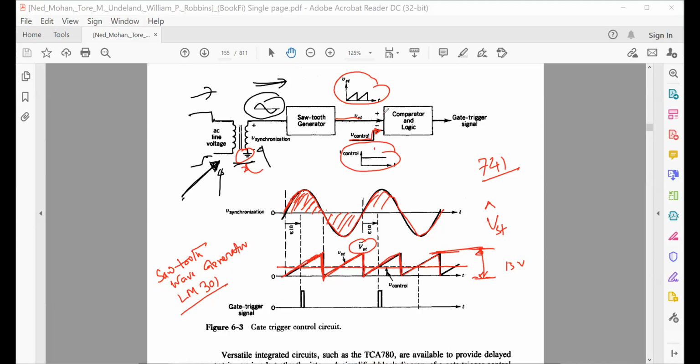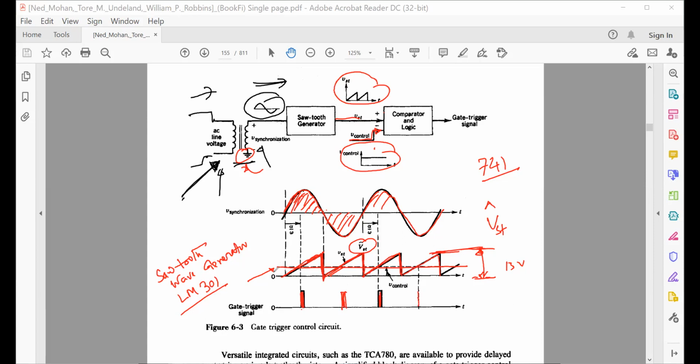The chips are also available. If you compare this, when your sawtooth wave crosses this control voltage, there will be a single-shot generator like this. And for the negative half cycle, they have avoided it. But of course, you can always generate another pulse here. When it is crossing, there will be a pulse here.